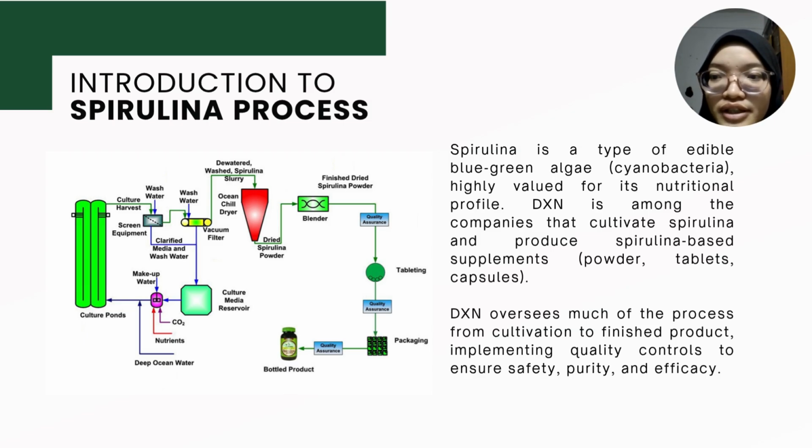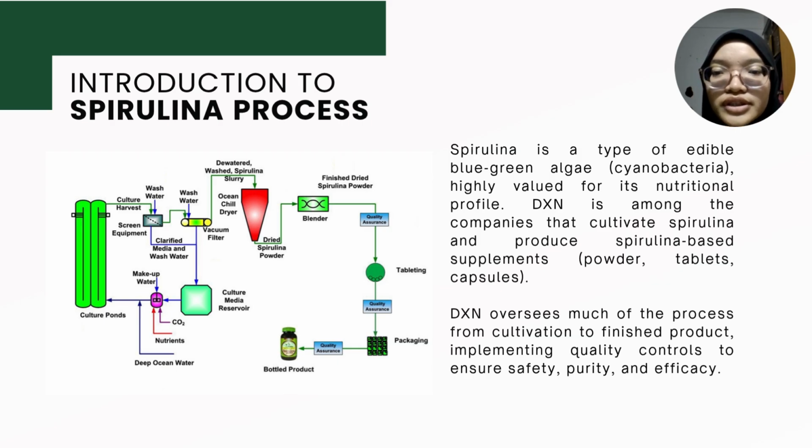Spirulina has become an important superfood in the health and wellness industry. Many biotechnology companies, including DSN Industrial Berhad, have invested in large-scale spirulina production as part of their health product portfolio.